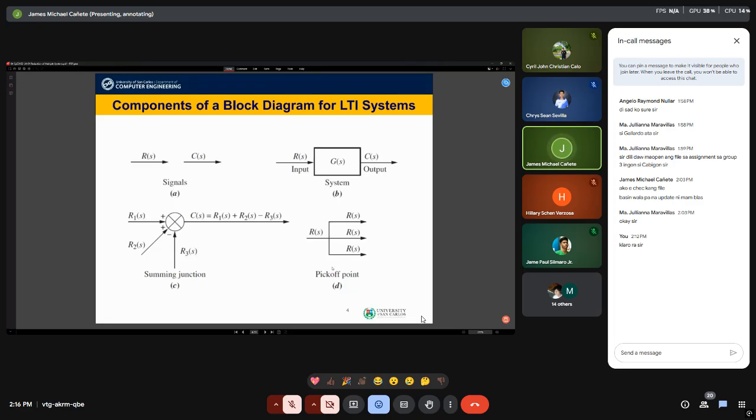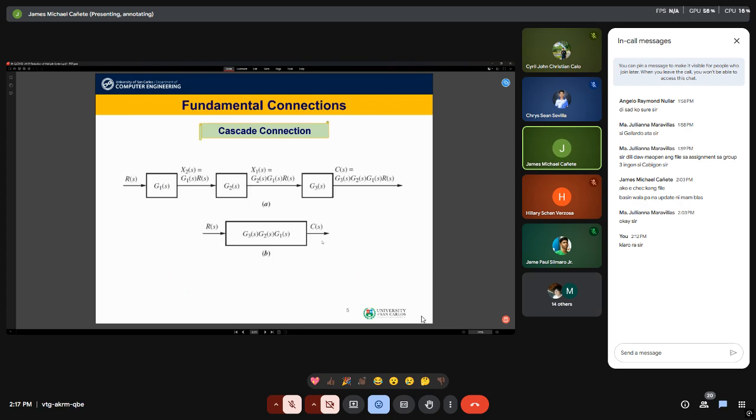That's the pick-off point, the term. So branching towards other blocks. At the end of these arrows could be another block or a summing junction or another pick-off point. So these are the basic components of linear time invariant systems in control systems.